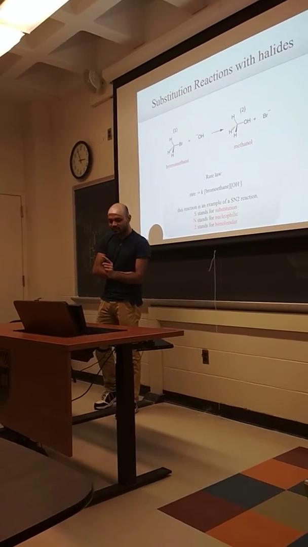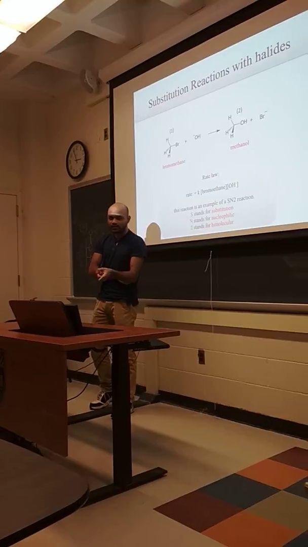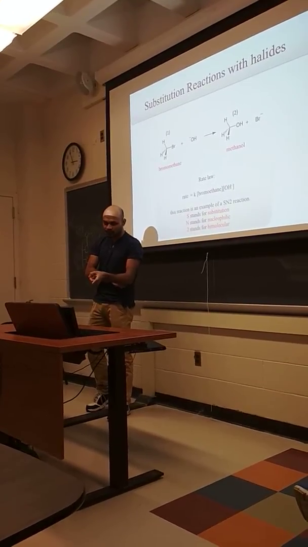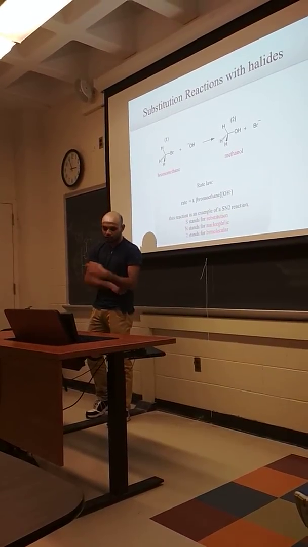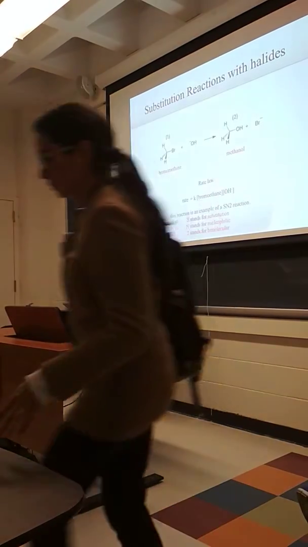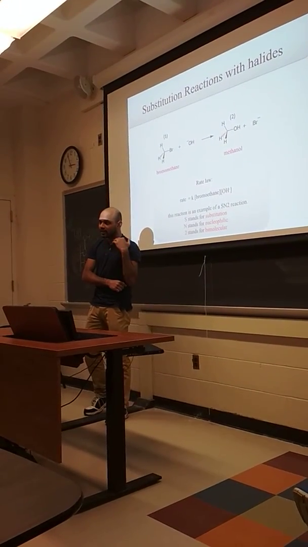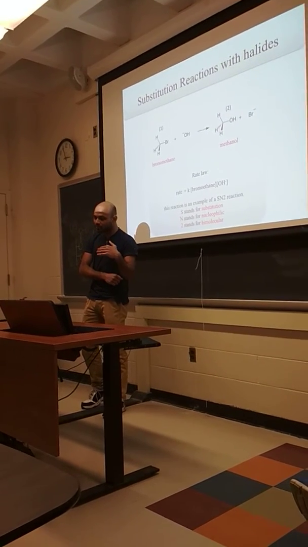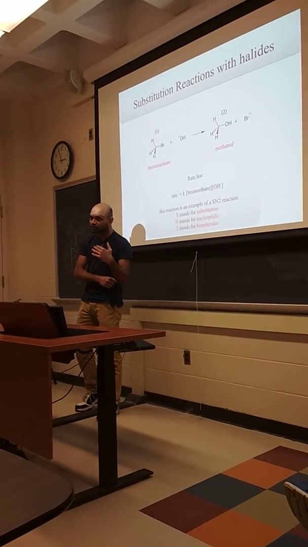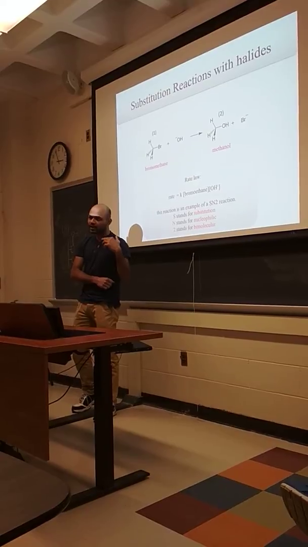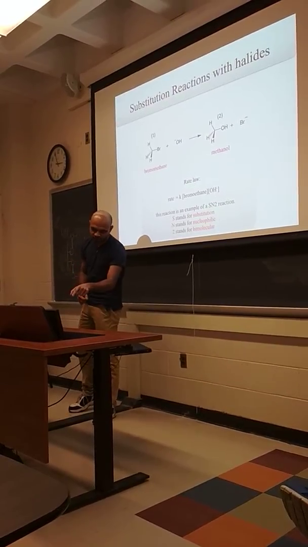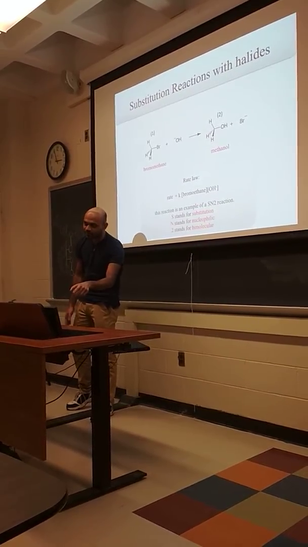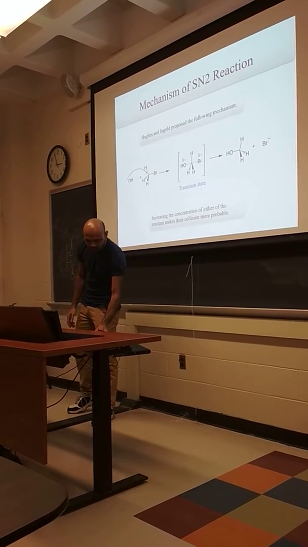In this rate determining step, you can see the rate is dependent on the bromomethane as well as the hydroxide. If you double the concentration of the bromomethane, the reaction rate will be twice. If you double both the bromomethane and hydroxide in the medium, then the rate will be 4 times that of the previous. So that's why in the rate determining step, two terms appear here.